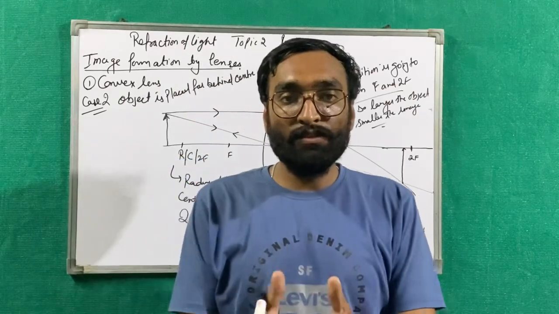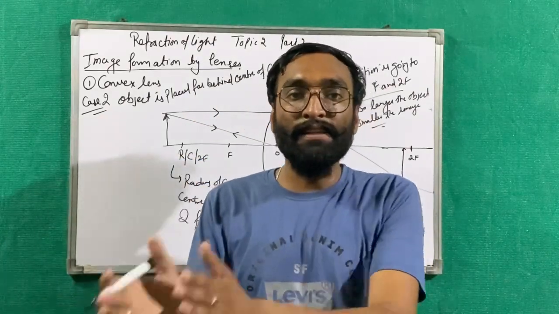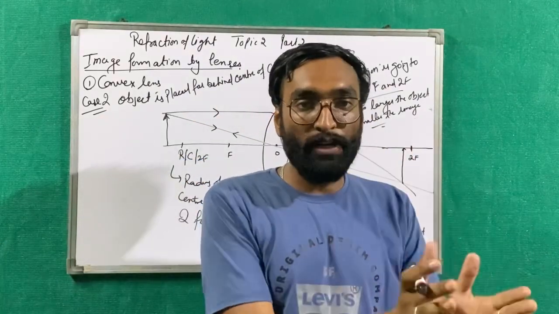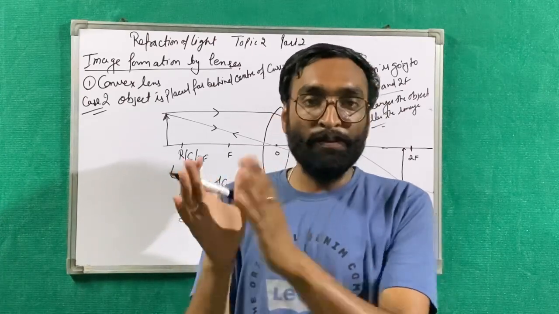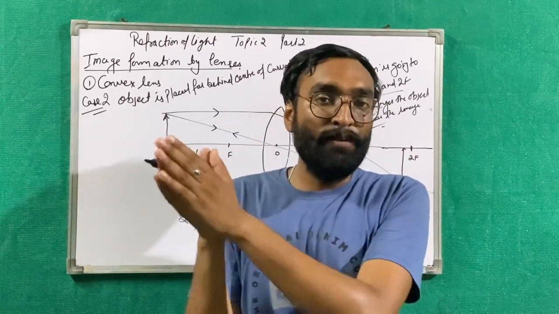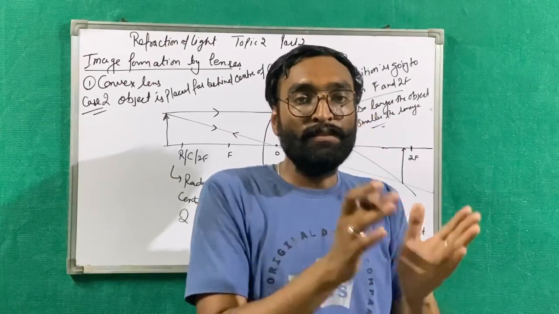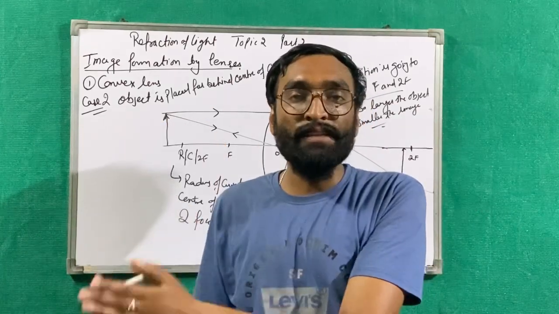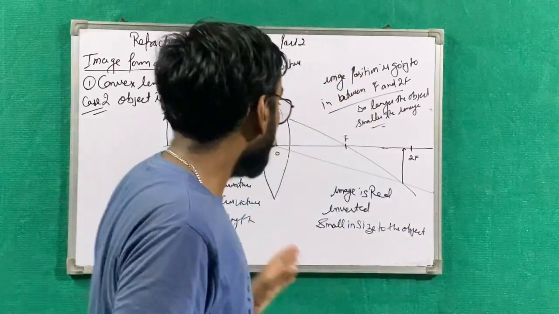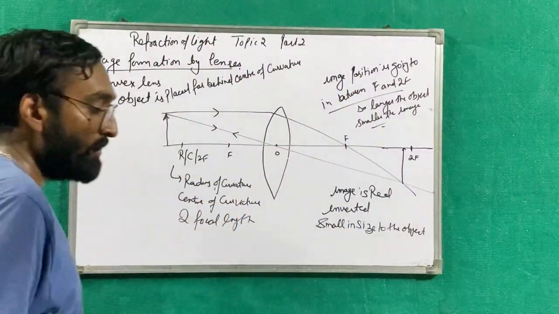If the distance of the object is larger, then the image distance will always be smaller. They are inversely proportional to each other. If the object distance is greater, the image size is less, and if the object distance is less, then the size of the image will be greater. So this is going to be the inversely proportional direction.